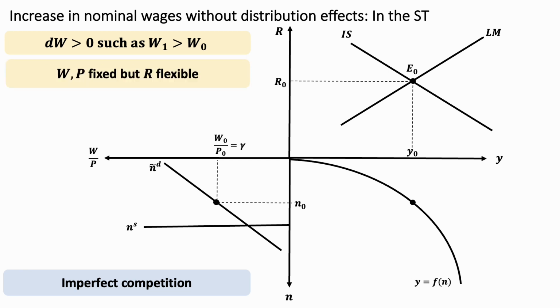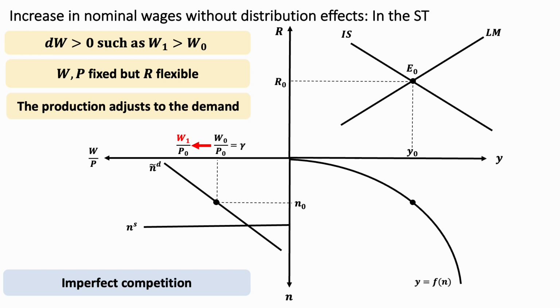Remember that in the short term, prices and wages are fixed, and the production is constrained by the effective demand. So, because P is fixed, an increase in W triggers an increase in the real wage.